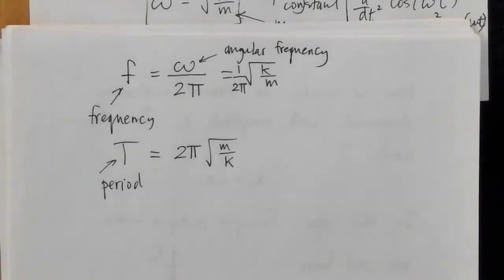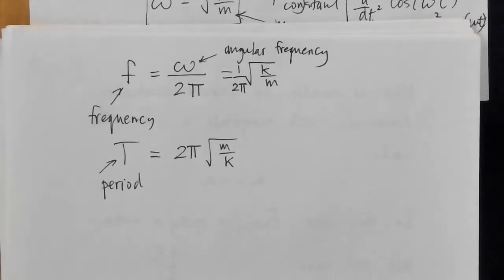Okay, so now let's suppose we have the mass on the spring, and let's say this is equilibrium. We stretch it an extra distance, x0, let's call it x0 for the initial, and then we let it go. Then it would do this oscillation back and forth. So that would be the initial position.